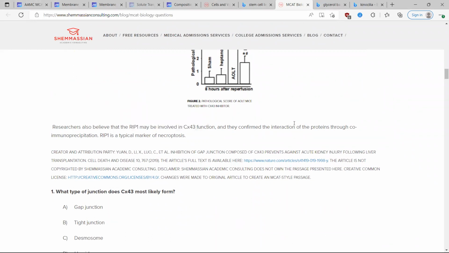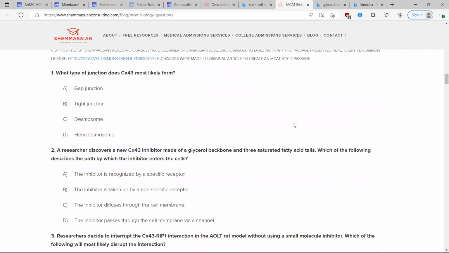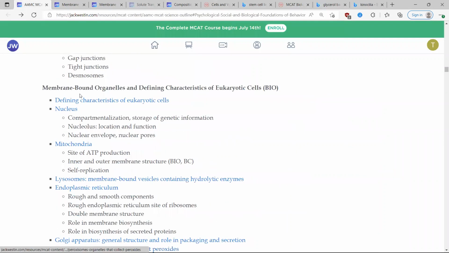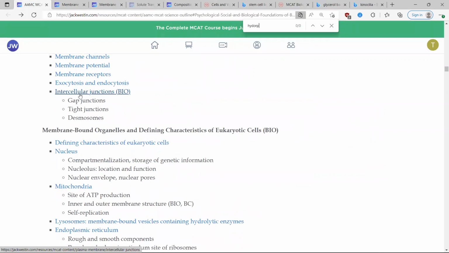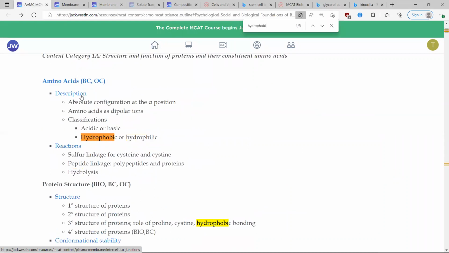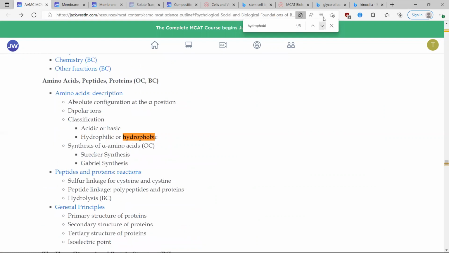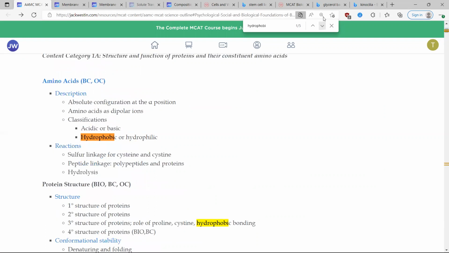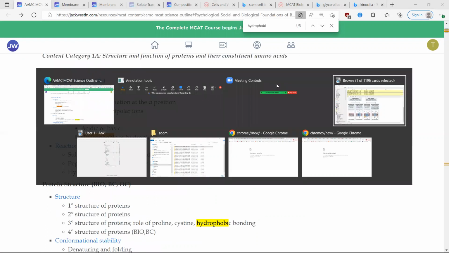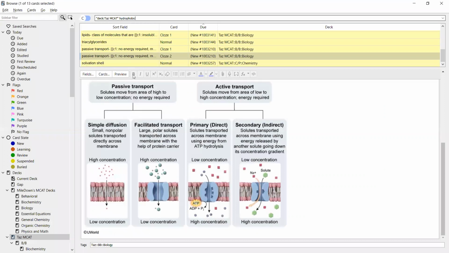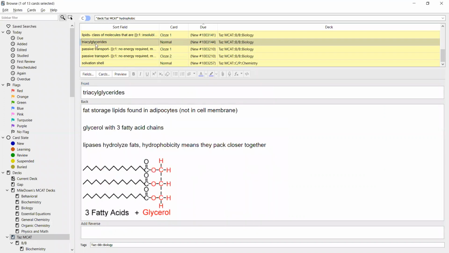How did I know that the inhibitor was hydrophobic? So let's talk a little bit about hydrophobicity. This is in terms of amino acids, but I want to explain more in terms of, yes, because it's a triglyceride.